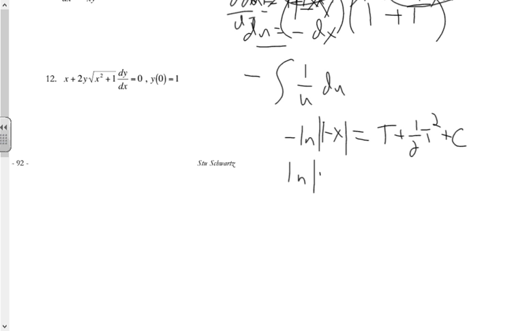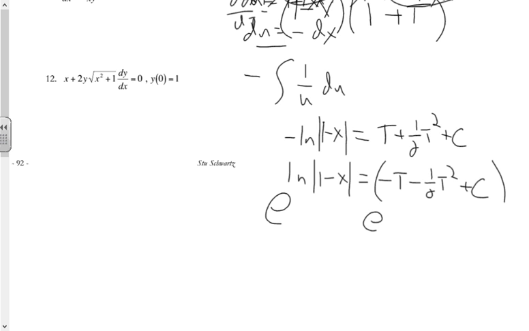So natural log of 1 minus x equals negative t minus 1/2 t squared plus some constant. Now I'm going to exponentiate everything, right? Treat that like a base, treat that like an exponent. That leaves me 1 minus x equals e to the negative t minus 1/2 t squared plus c.